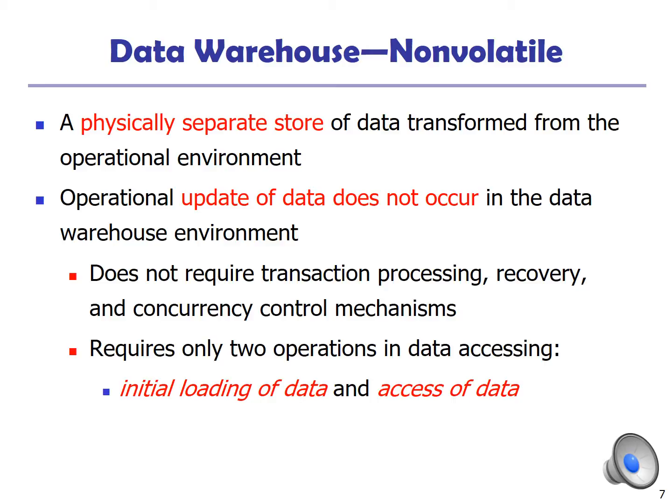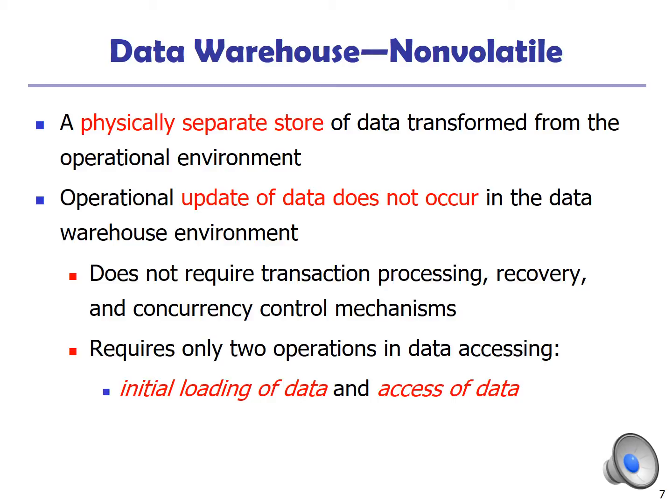Now, the operational update of data does not occur in the data warehouse environment. All right, so there are no updates done on the data which is already stored in the data warehouse environment. So it does not require any of the transaction processing, recovery, or concurrency control mechanisms.